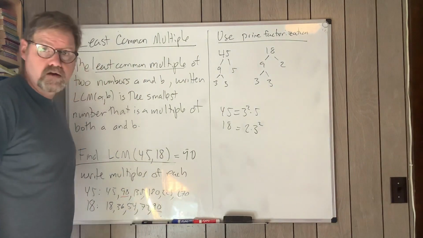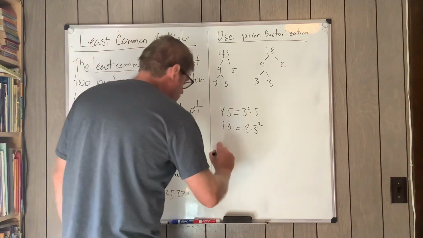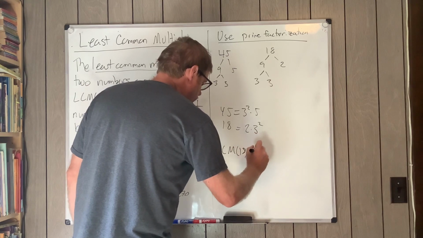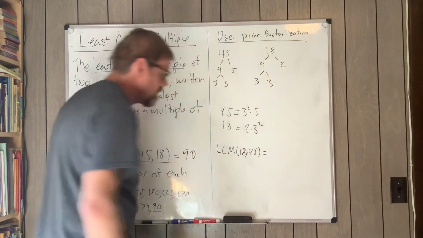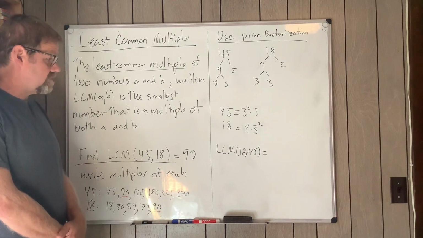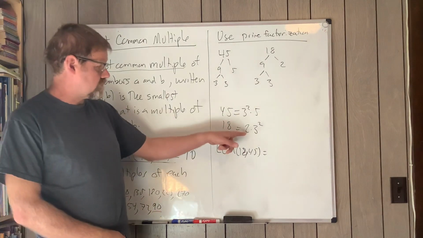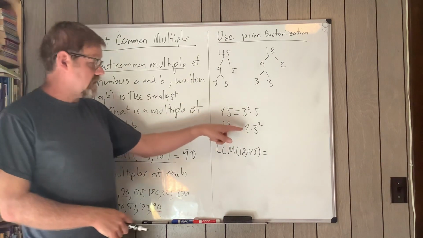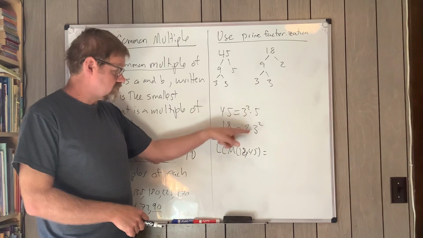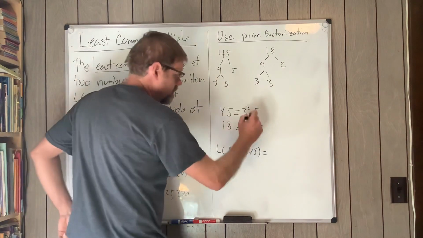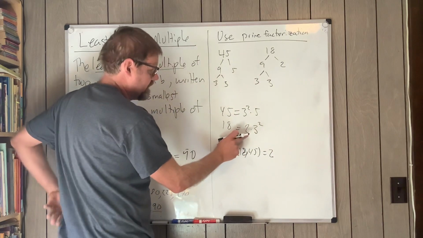Okay, so how do we do this now? The LCM of these two numbers is the following. What we need to do is make sure that I've got a multiple of each one of those. The way to think about that is just make sure that you're covering all of the bases in all of these things. So I need a 2.